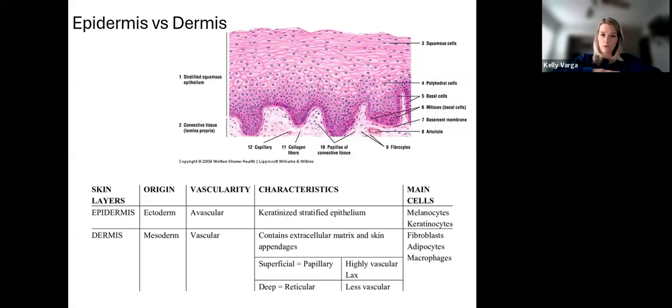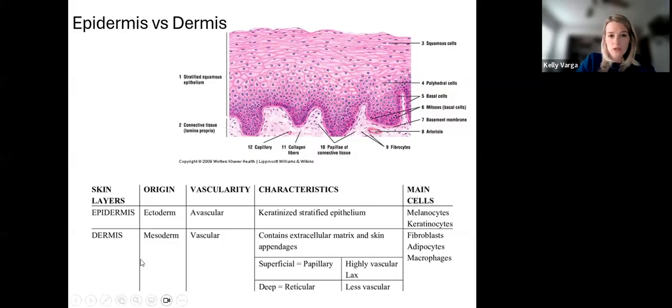This is what helps to form almost a waxy, rigid sort of flexibility, if you will, to the skin itself. But we give that the main characteristic of being keratinized.